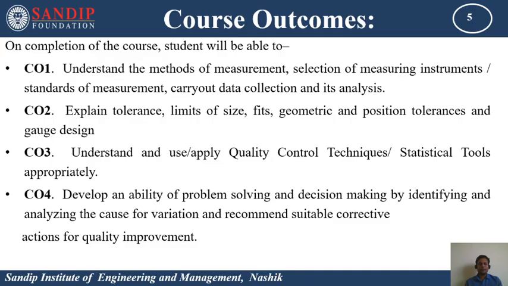Then third outcome is understand and apply the quality control techniques, statistical tool appropriately. And last outcome is to develop an ability of problem solving and decision making by identifying and analyzing the cause for variation and recommend suitable corrective actions for quality improvement process.